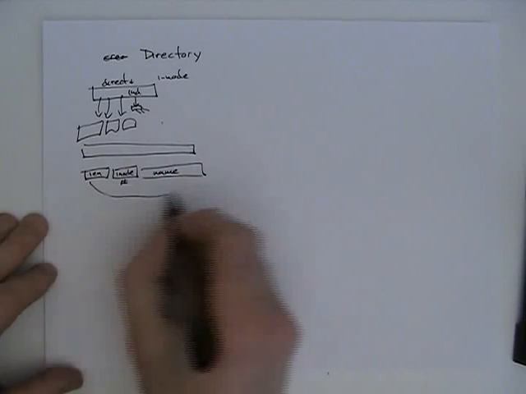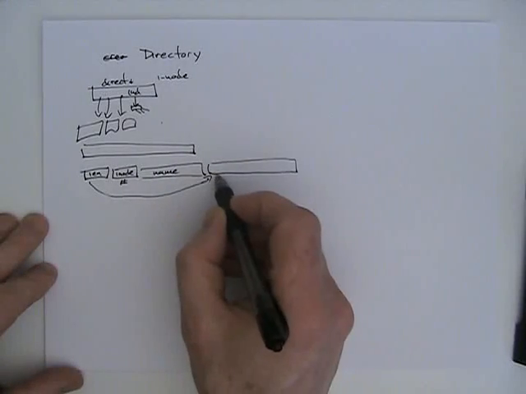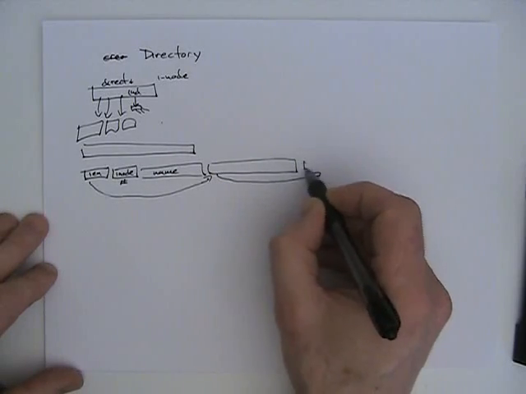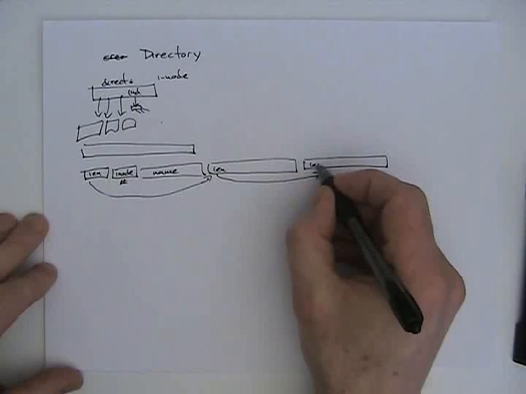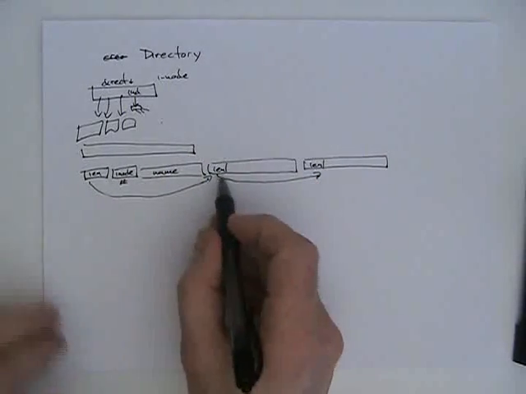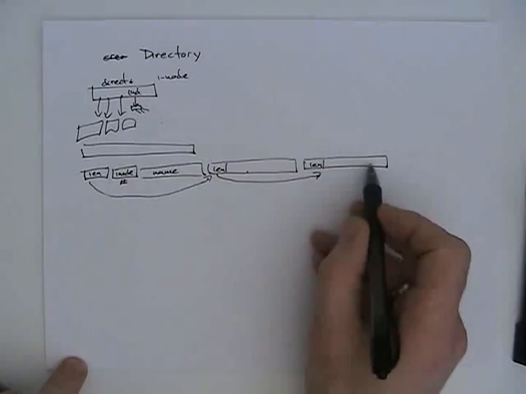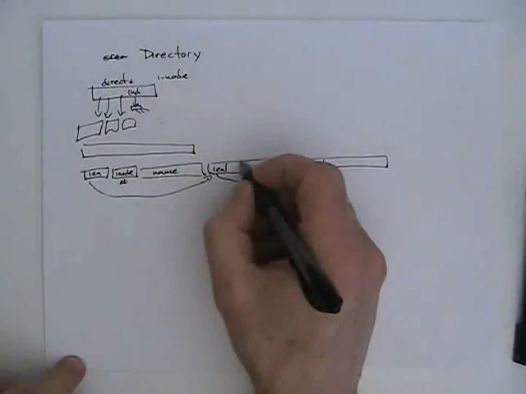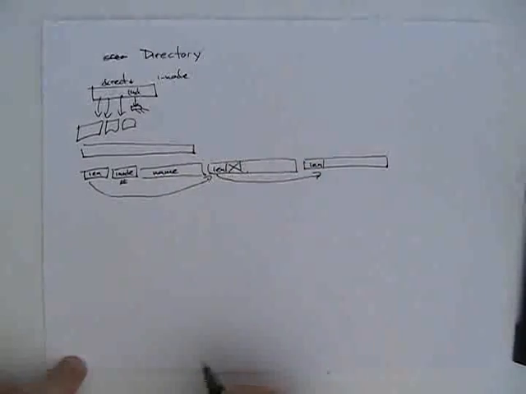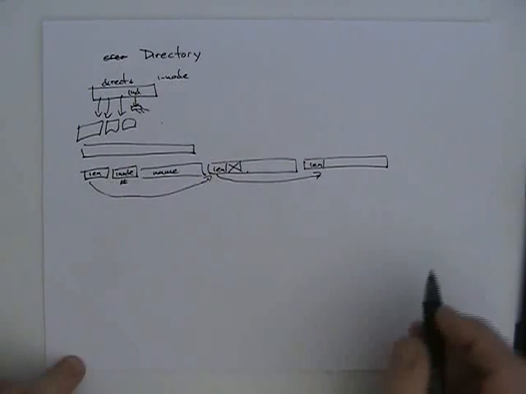And so we can search through this list linearly by using, at each step, the length, which shows us how long that entry is. We can look at that entry and then look for the next one. Now, if we delete a file, we mark its entry, I believe, with an invalid inode number.